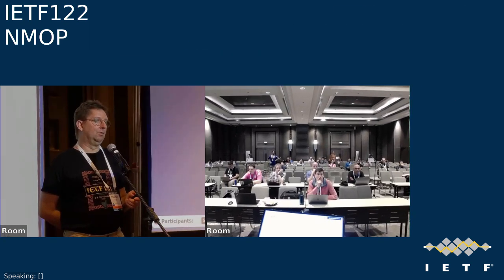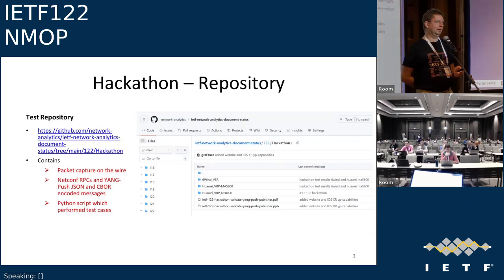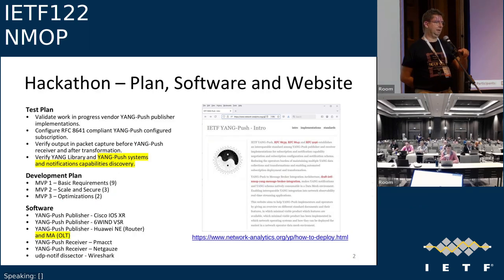Right. So if I go back to the beginning, I put a little website here. If you go on implementations on this website, you will find the first open source implementations. Right now, I'm just listing the data collectors.